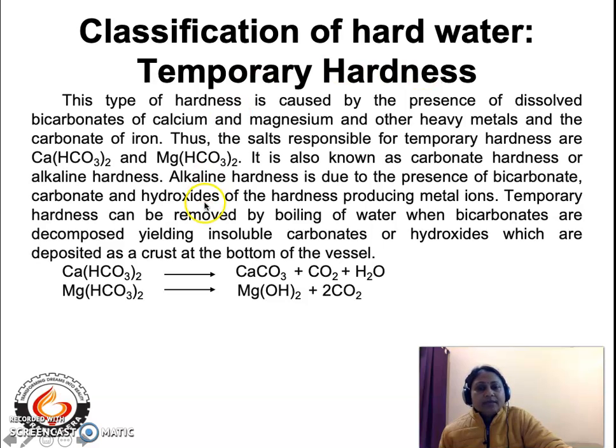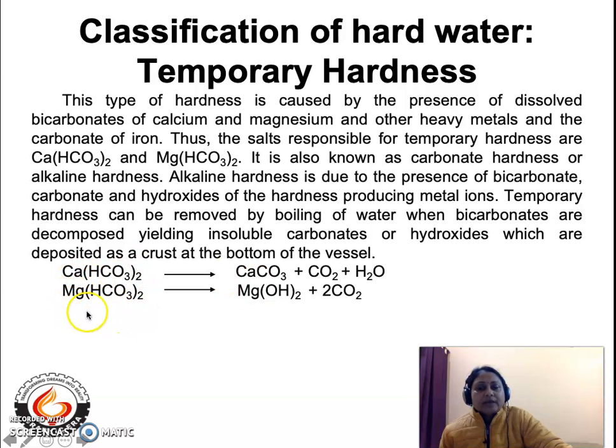So after boiling, the hardness is removed, and let us see the reactions that take place during the boiling of the hard water. If calcium bicarbonate is present and we boil it, we get calcium carbonate, a white precipitate, and this calcium carbonate can be removed by filtration.